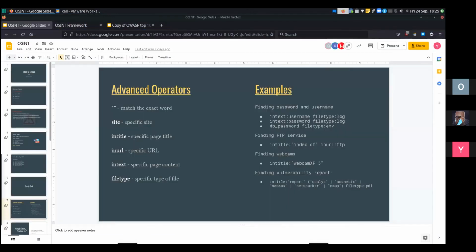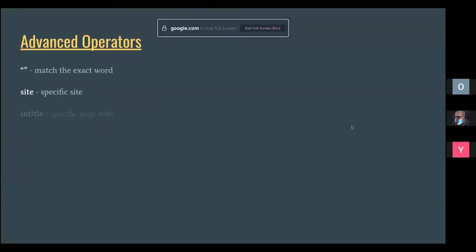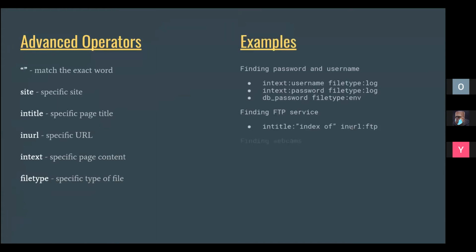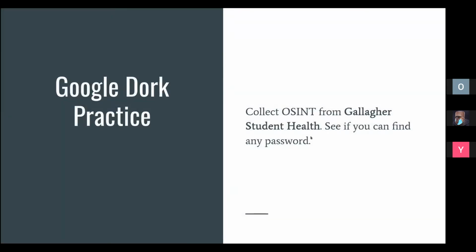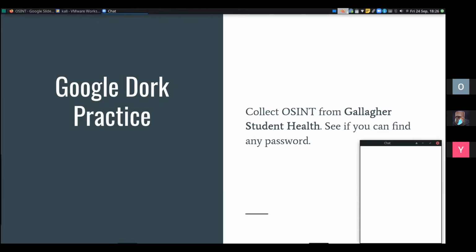The exercise for you guys. So this practice is collect OSINT from Gallup student help, and see if you can find any passwords. One of the hints is look through the examples.